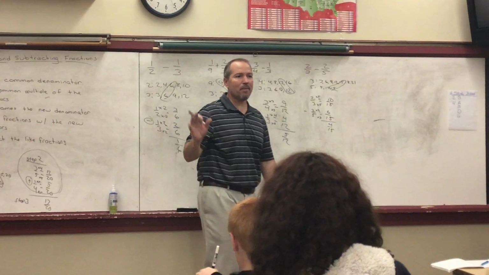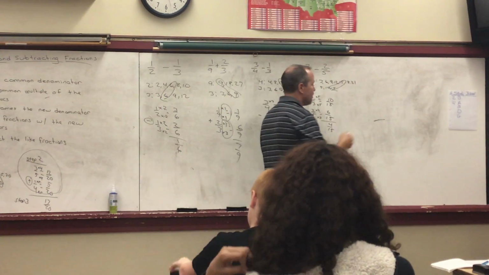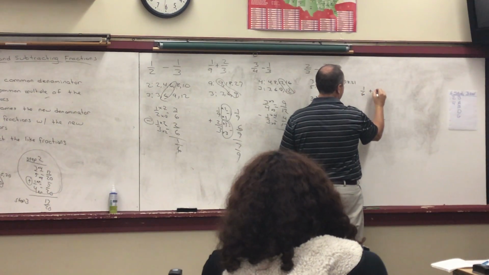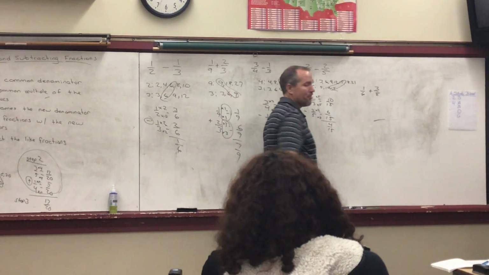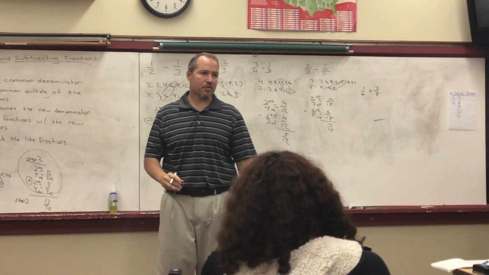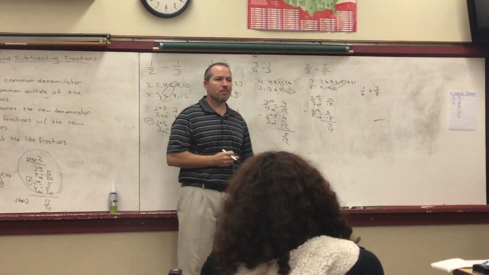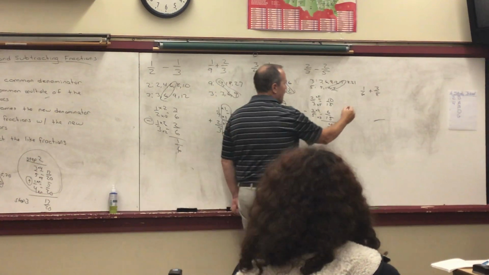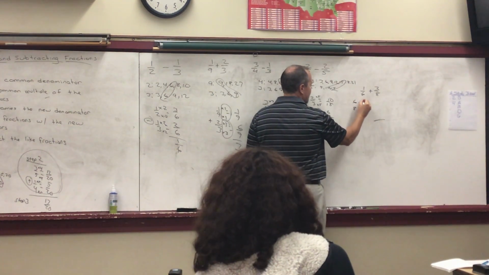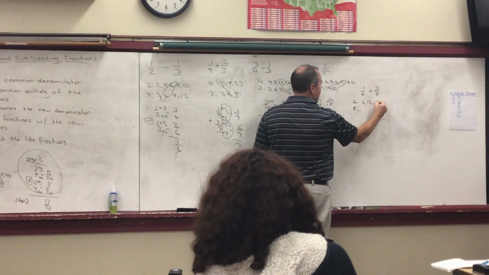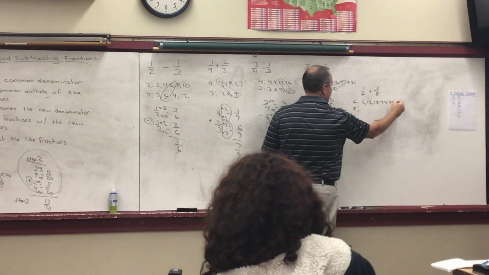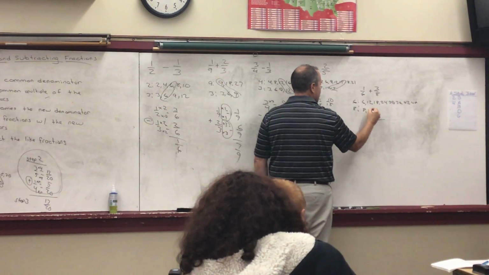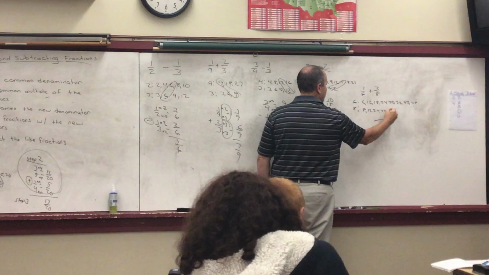Okay. Eyes up here, real quick. If I had 1/6 plus 3/8, going on your theory, what's the common multiple going to be? 48. But if we list the multiples of 6 and 8: 6, 12, 18, 24, 30, 36, 42, 48; 8, 16, 24, 32, 48.